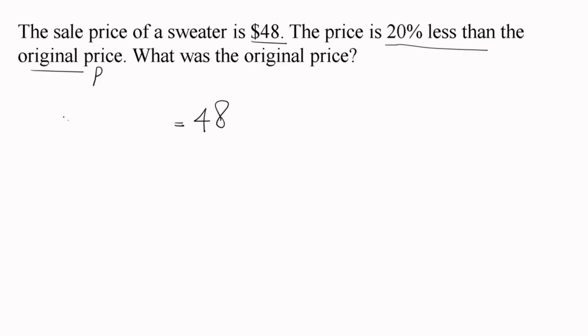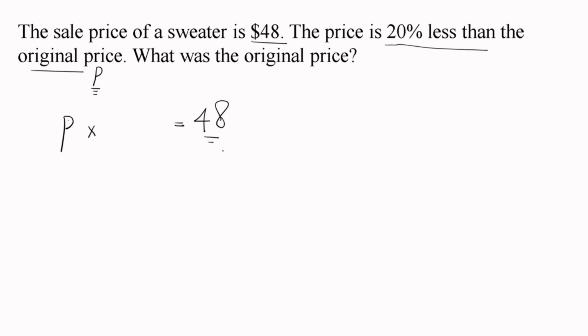Look, I'm going to write P as the original price here, but this price must be multiplied by 80%. Why? Because 80% of this price is equal to $48. The price is 20% less than the original price, right?